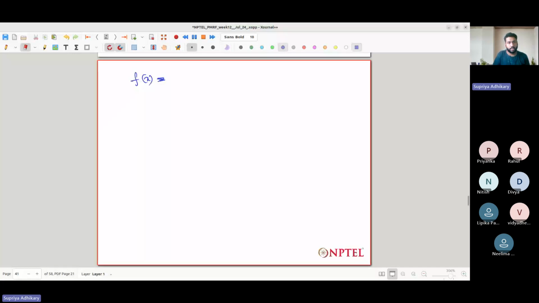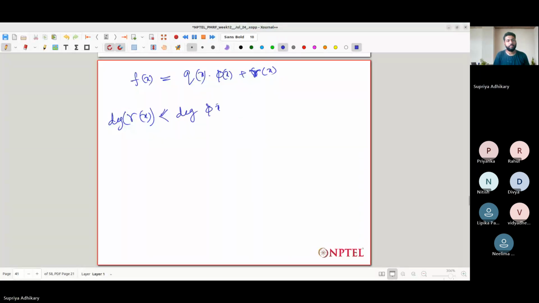So we can write that f(x) can be written as some q(x) multiplied by this phi of x plus some r(x). Any f(x) can be written as this, where the degree of r(x) is less than the degree of phi of x.